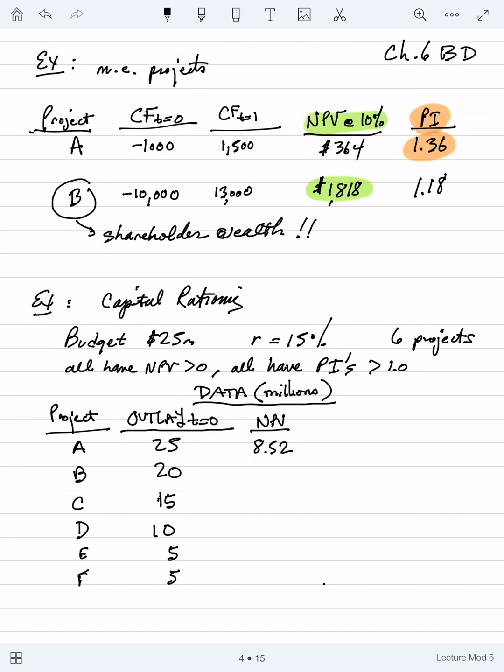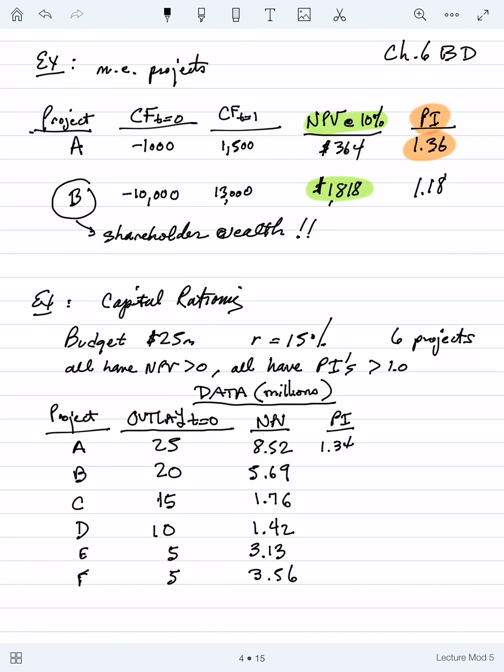So A is 8.52 million. B is 5.6. You know what? I was looking at my 2 again. So let's say 5.69 million. C, 1.76 million. D is 1.42 million. Well, E, 3.13, and F, 3.56. Also, we figured out the profitability index scores on these.